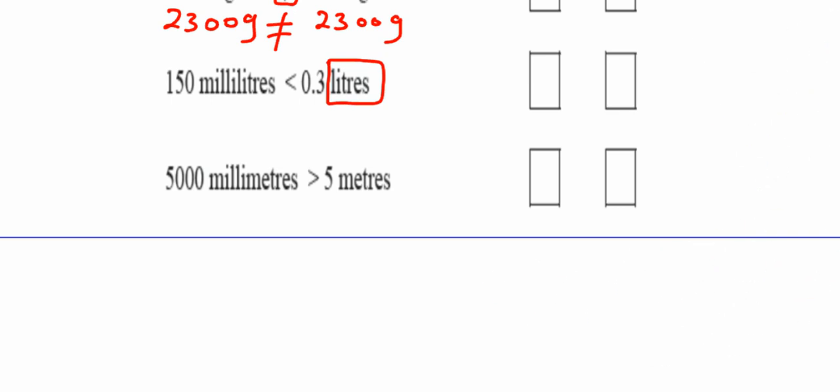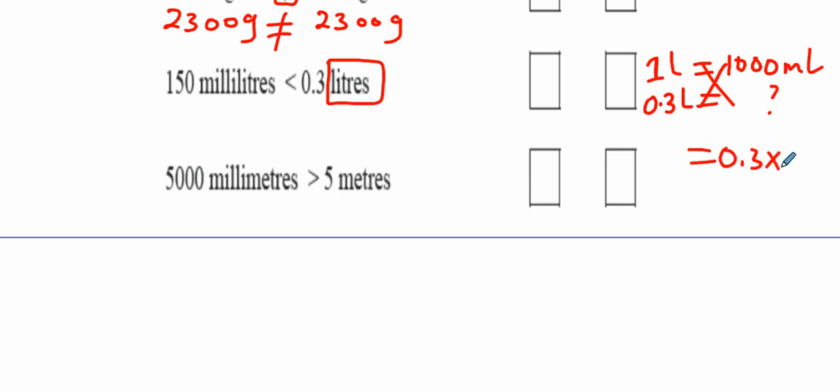Sorry for that, here we are changing liters into milliliters. So 1 liter equals 1,000 milliliters. Now how about 0.3 liters? That means we will be multiplying 0.3 by 1,000, which is 0.3 times 1,000, 1 decimal place, so this equals 300.